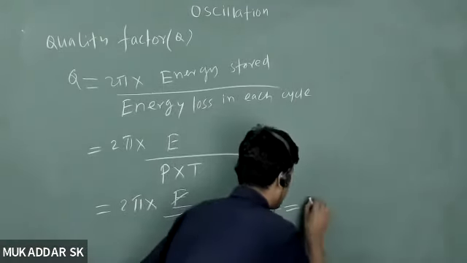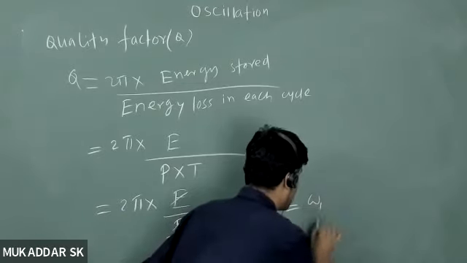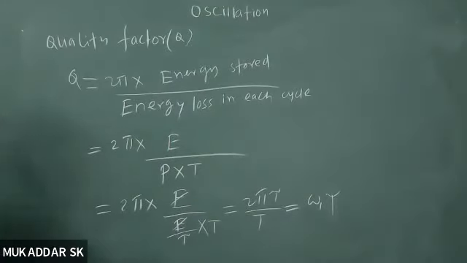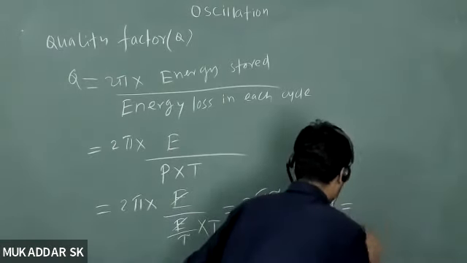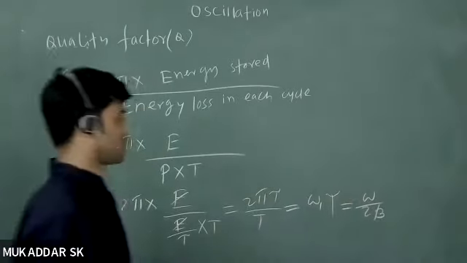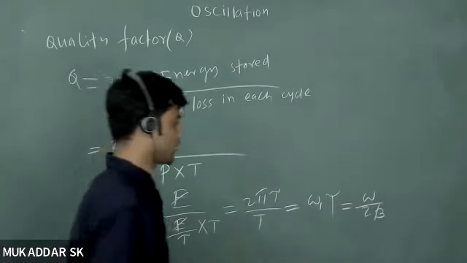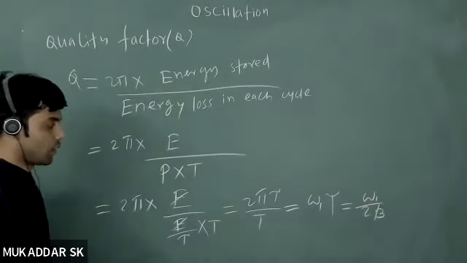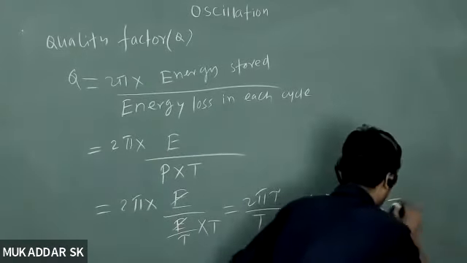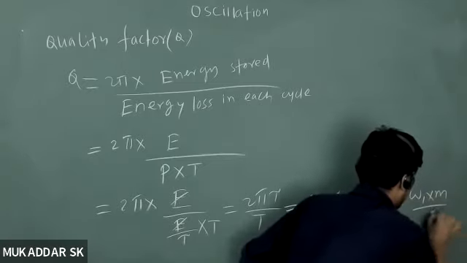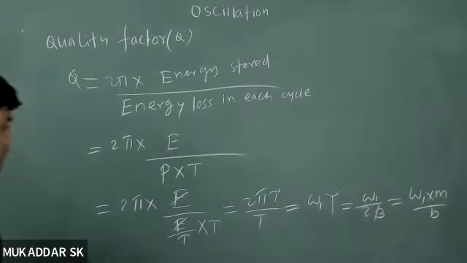So I can write here, angular frequency for damped oscillator is omega 1 into tau. Further, in place of tau, I can write 1 by twice beta, so omega 1 into 1 by twice beta, and we also know what twice beta is, so I can write omega 1 into m by b. So this is the form.